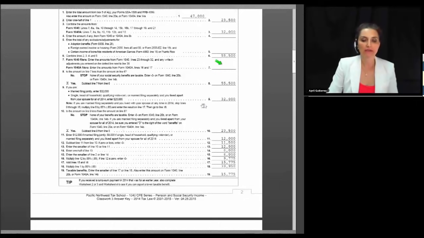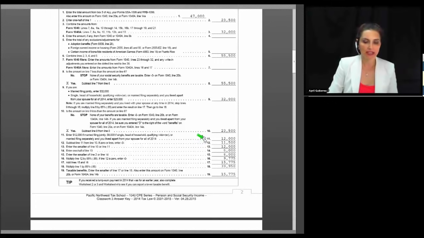Now we subtract out the base amount for their filing status, which is $32,000. And when we do that, we get $23,500. $23,500 is more than this $12,000 figure showing on the line. We're going to carry $12,000 and enter it on line 11. We're going to subtract $12,000 from $23,500, and when we do that, we get $11,500.